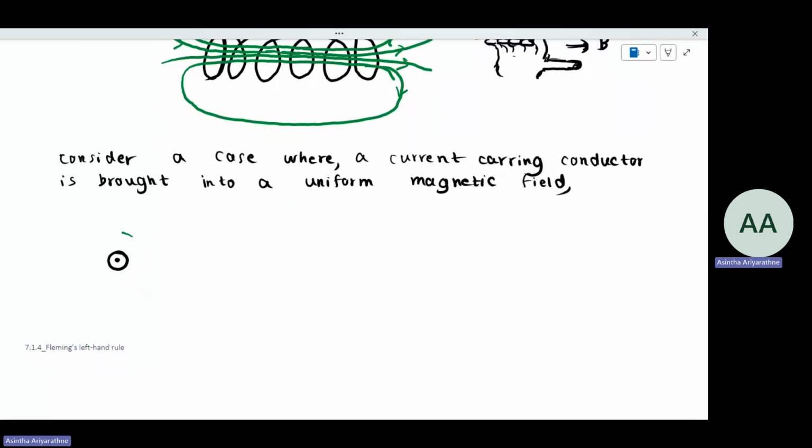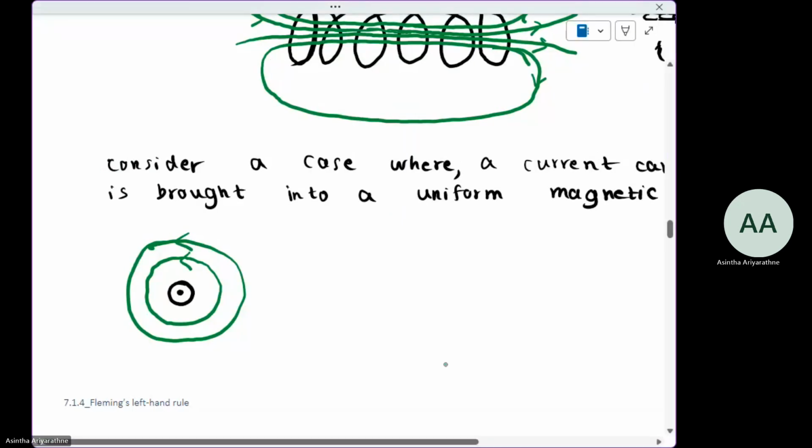So the magnetic field around it is in an anti-clockwise manner.